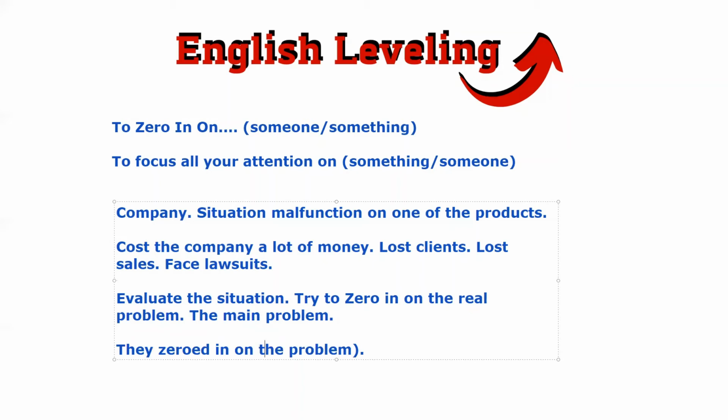They zeroed in on addressing the problem. They zeroed in on addressing it. They zeroed in on her. They zeroed in on him. They zeroed in on the factory malfunction, whatever it is. They focus all of their attention on that something, and they go after it completely.